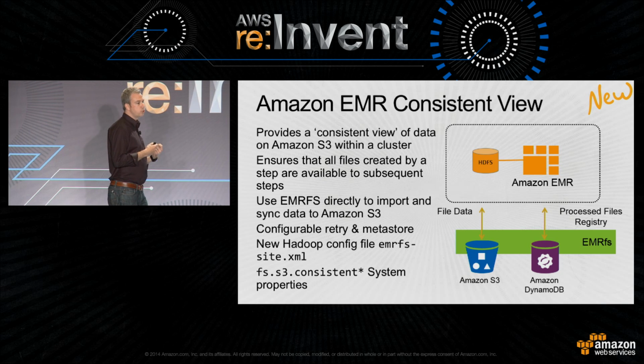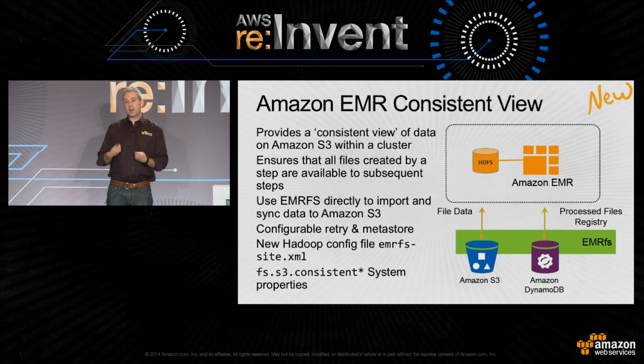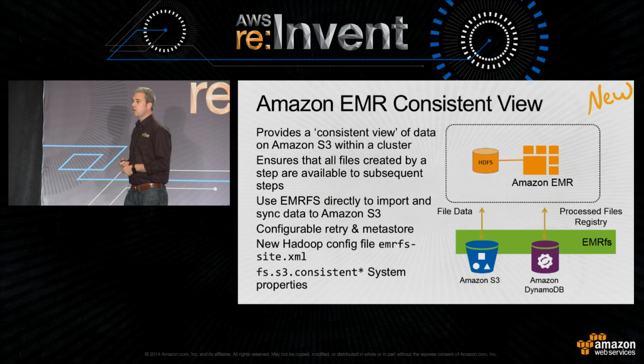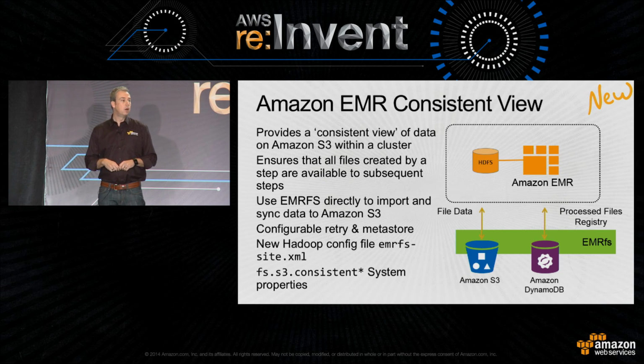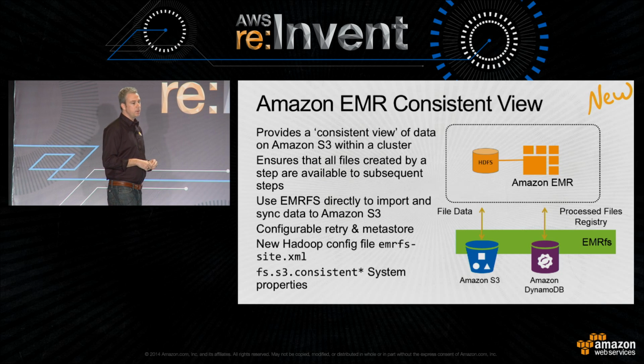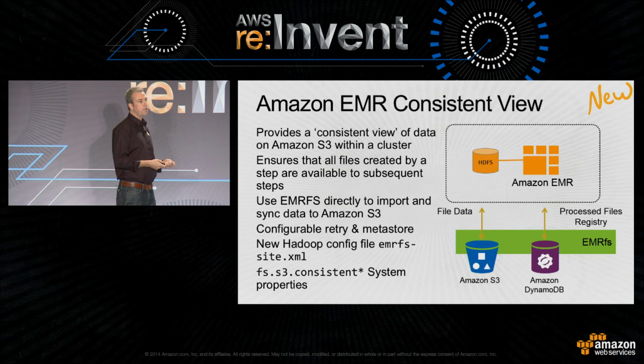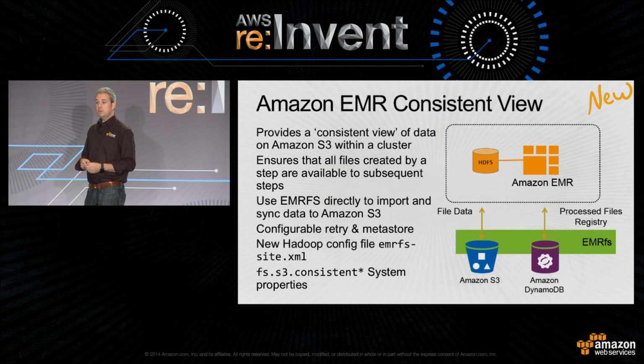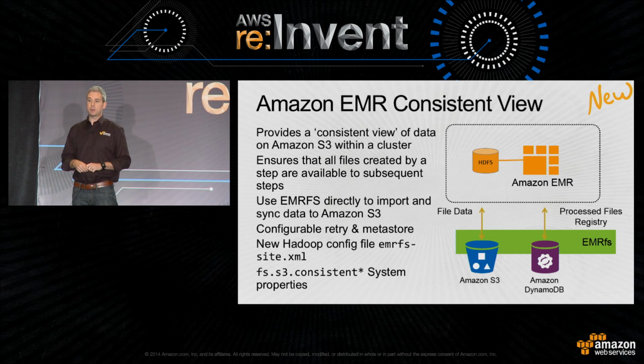What it does is it ensures that all of the files that are generated as output as part of a Hadoop job are available through the step API, and there's no chance that a file that's generated within one step won't be available as subsequent input to other processing steps.